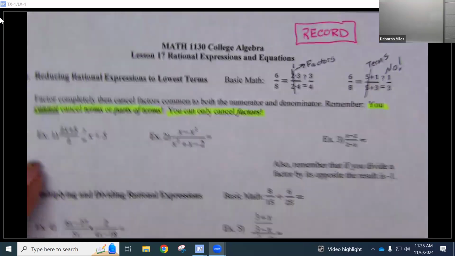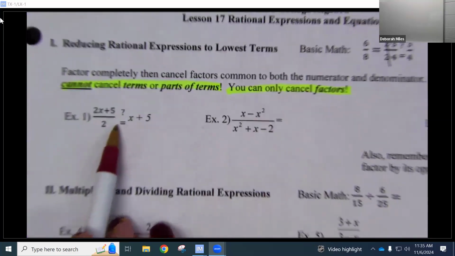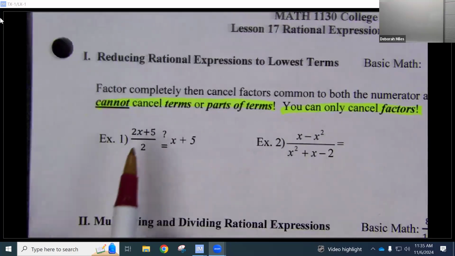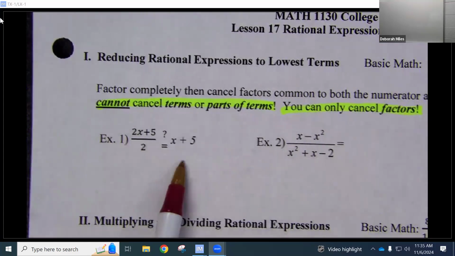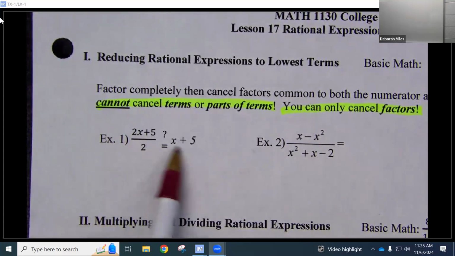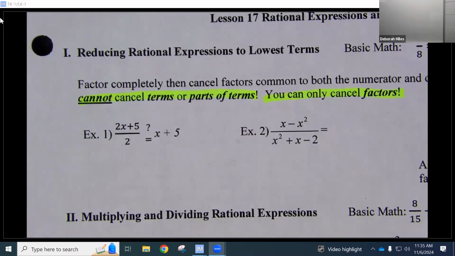So on example 1, there's really nothing for us to do because 2x plus 5 won't cancel. Would it be legal to cancel those 2's and say that this expression is the same as x plus 5? Why not?